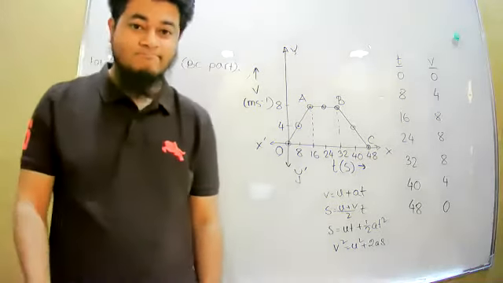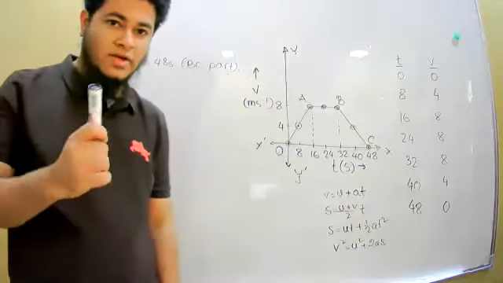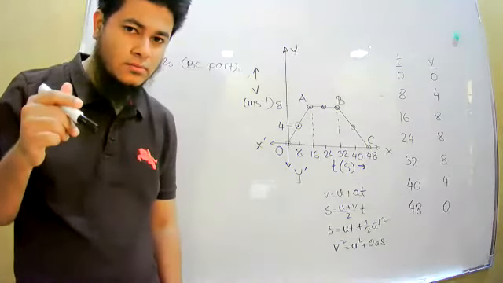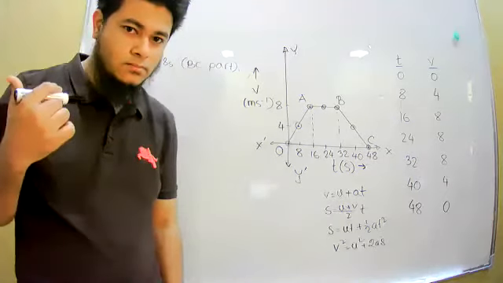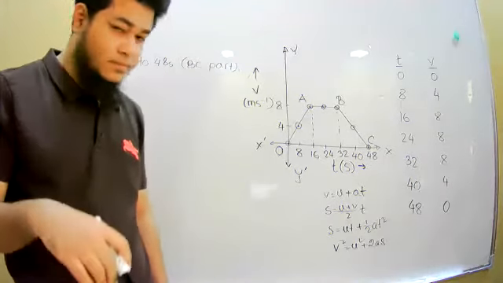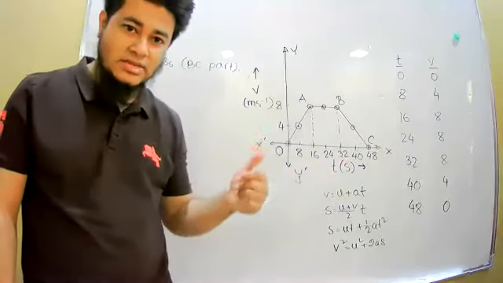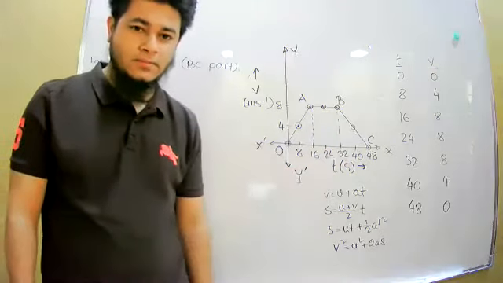Sanjida, unmute yourself. In BC part, is it acceleration or uniform velocity?